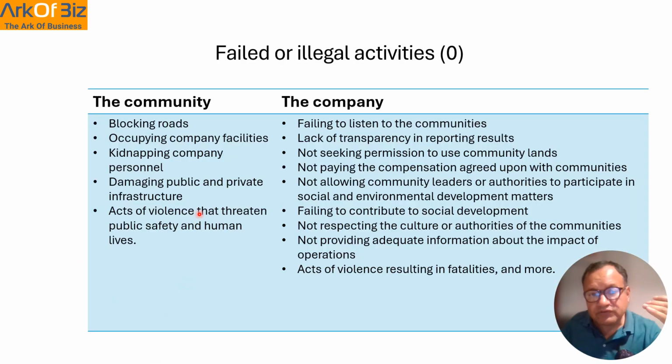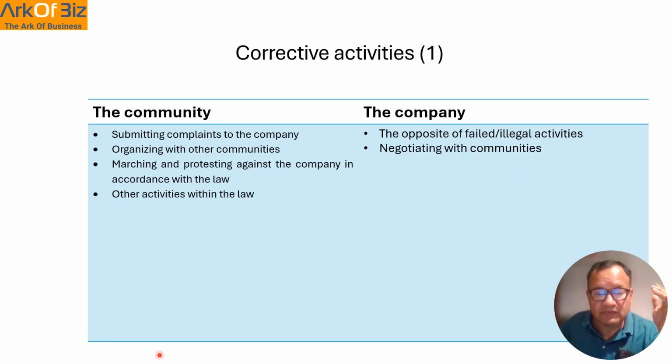From here on, you can see examples of each type of activity for both the community and the company. So I'm not going to take too much time. I prefer that you take a picture or download the document from these websites and see different activities in the following slides.